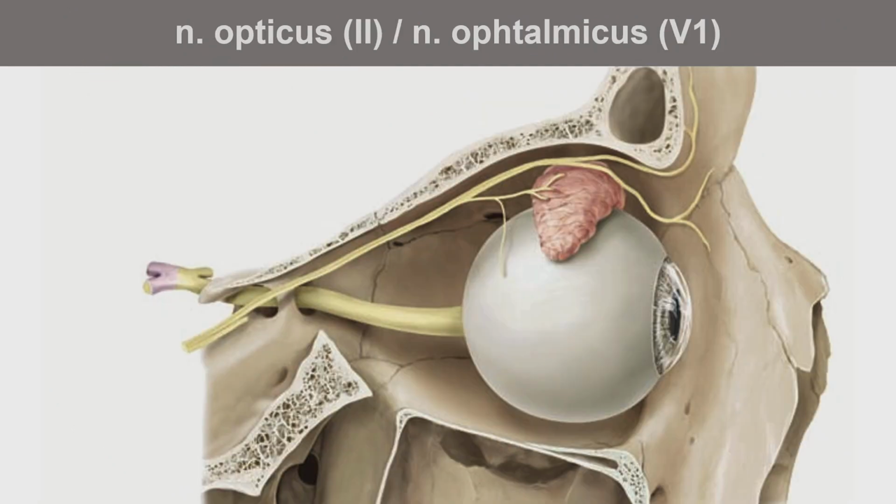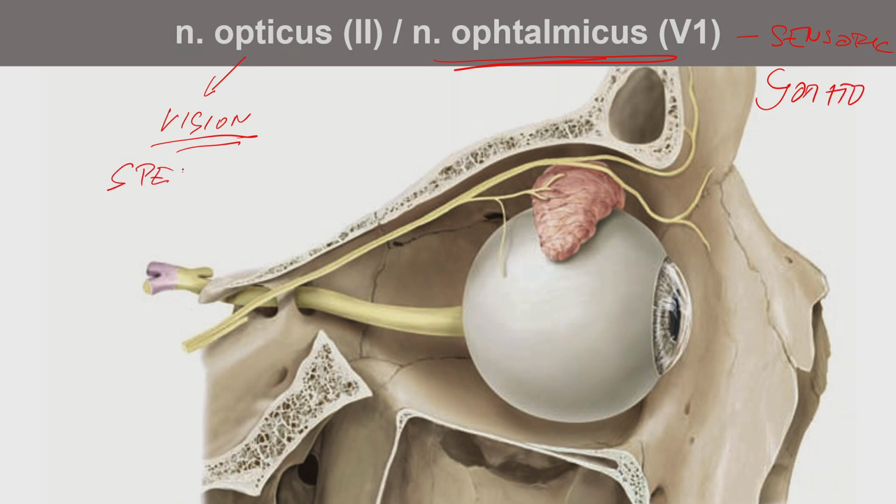So very important is to distinguish the optic and ophthalmic nerve. The optic nerve is a nerve which carries vision information, visual information. The ophthalmic nerve is sensoric, but only somatosensoric. And this is a special sensoric.